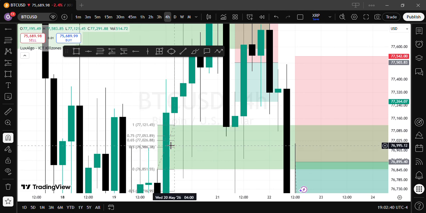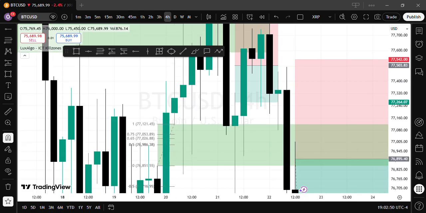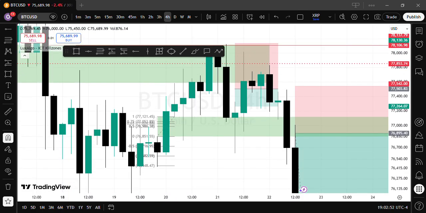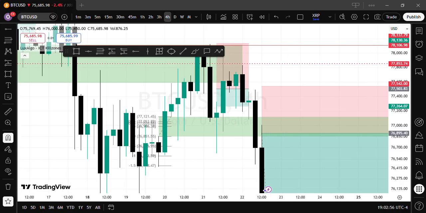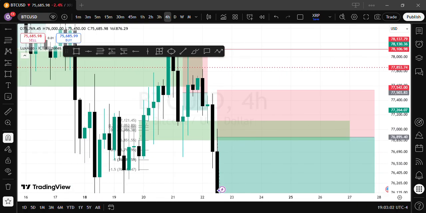That's 50% of this fair value gap. So now you can see price going a little bit above the 50% level. So that's also one way. For you, I'll be looking at ways to enter the reverse fair value gap precisely and more cleanly. That's also one way. So I saw that.